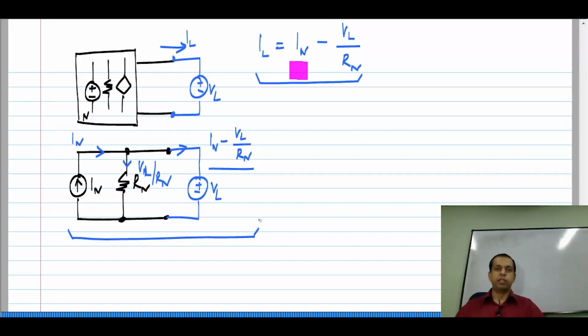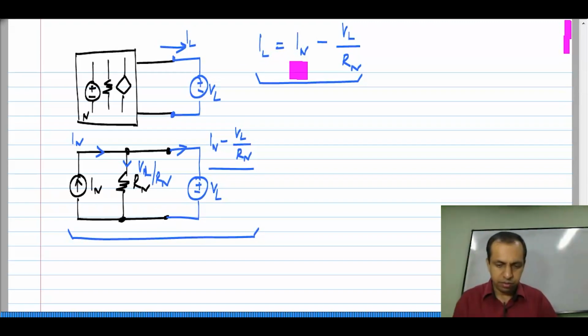If you recall, with the Thevenin equivalent, we had got VL to be VTH minus IL times RTH, and we have a similar equation here. There we could emulate the output voltage using a voltage VTH in series with a resistance RTH. Here we emulate the output current IL using a current source IN in parallel with a resistance RN, which also is equal to RTH. Okay.